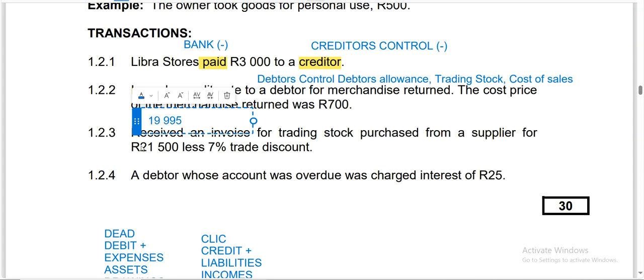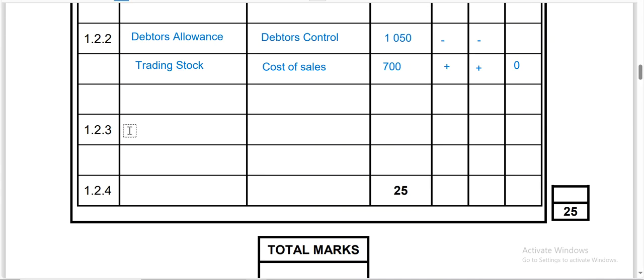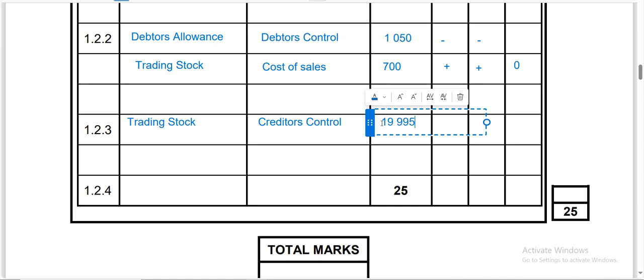So now we check, we are purchasing stock. When we purchase stock, our stock is increasing, and also here our liabilities will also increase because we bought on credit. Remember, you get an invoice because you bought on credit. So our account debited is going to be trading stock, and then our account credited is going to be creditors control, and then our amount is going to be 19,995.